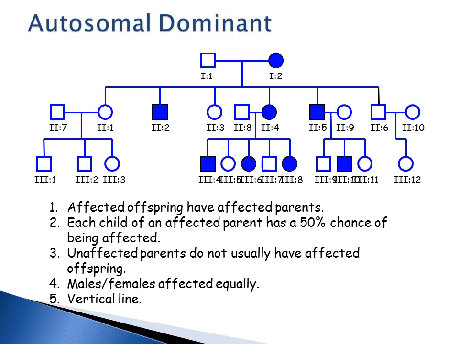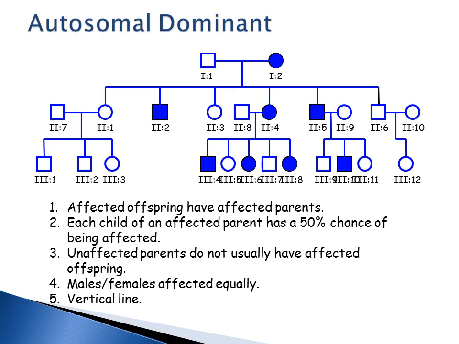Here's another pedigree of an autosomal dominant disease, and you could see that affected offspring always, in this case, have affected parents. Each child has a 50% chance of being affected. If the parents are not affected, then the offspring usually are not affected.